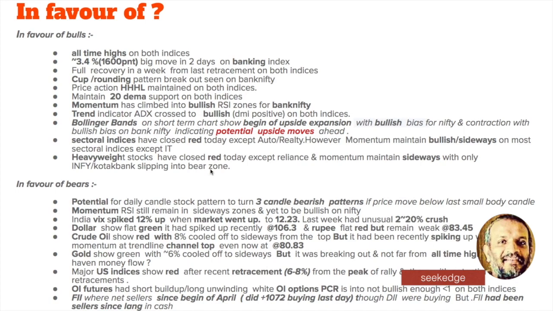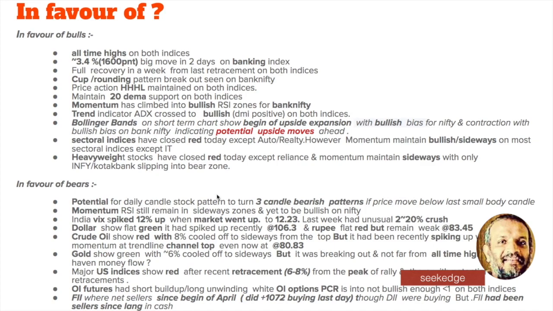It was only that, because if you look at the short-term momentum, it is mostly remaining sideways except for the IT sector indices. The heavyweights are sideways or in bullish zones mainly. So sector indices and heavyweight stocks have not fallen deeply into the bear zones yet.